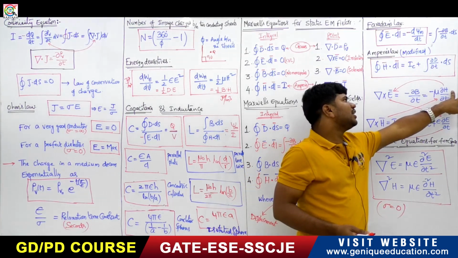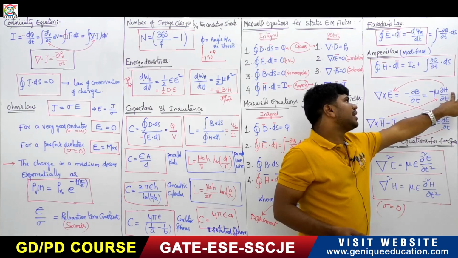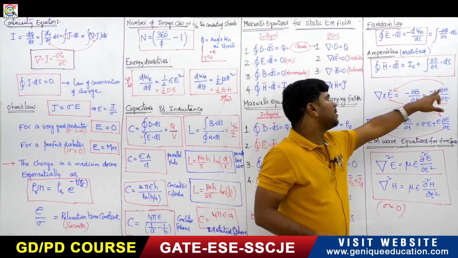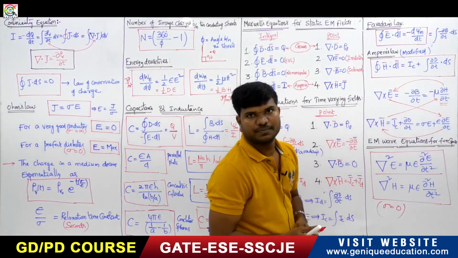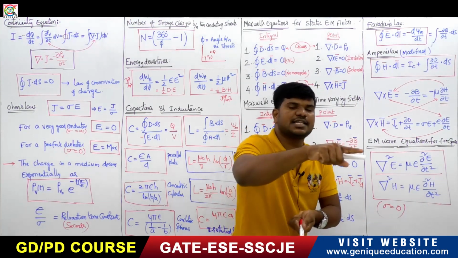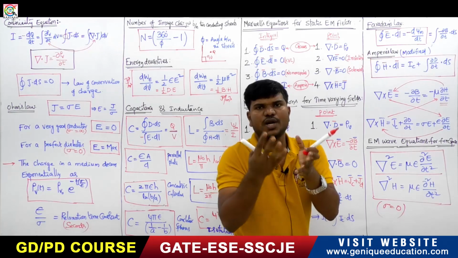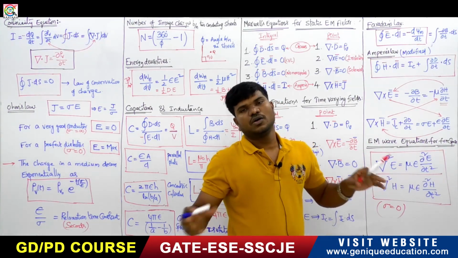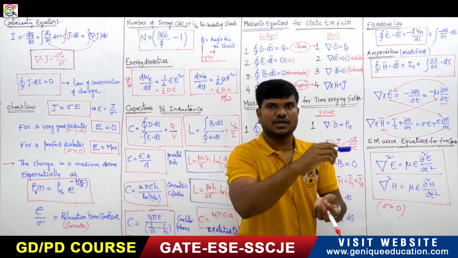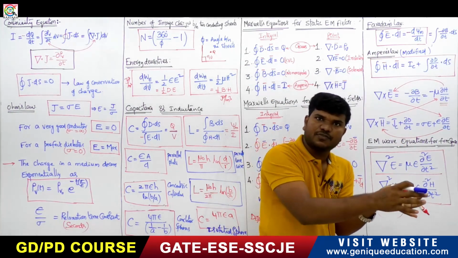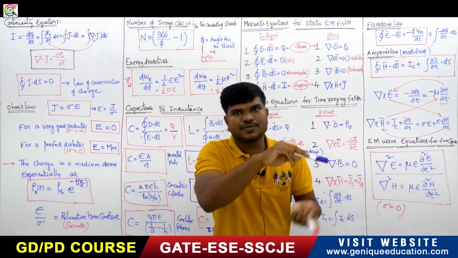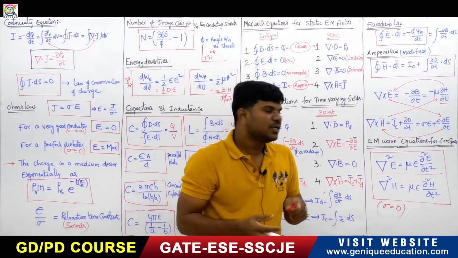Similarly, the magnetic field produces an electric field which is perpendicular to the magnetic field. So one generates another, so it is a self-sustaining phenomenon. It will not stop. The electric field produces the magnetic field and the magnetic field produces the electric field.